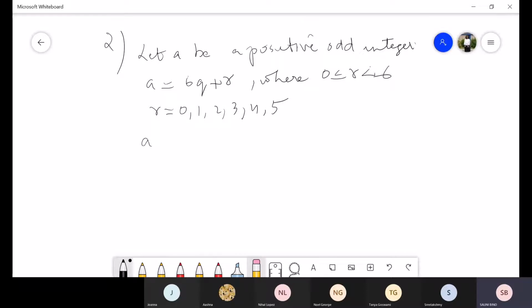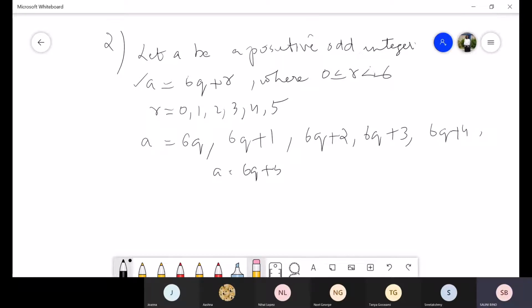Now coming back to this one. a equal to 6q plus r. You put r equal to 0, so it will be 6q. Next one, you put r equal to 1, it will become 6q plus 1. Next step, you put r as 2, 6q plus 2. 6q plus 3. Then 6q plus 4 and a equal to 6q plus 5.